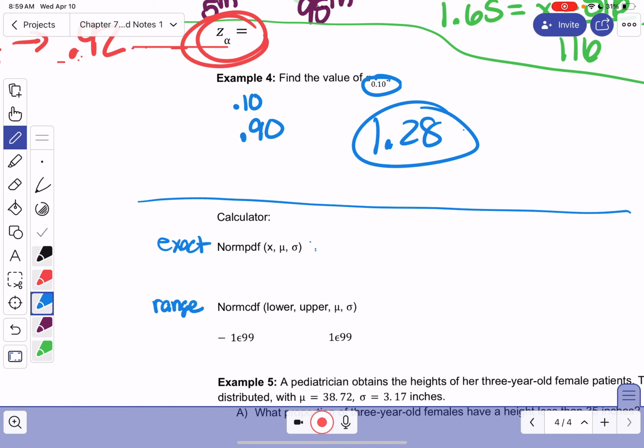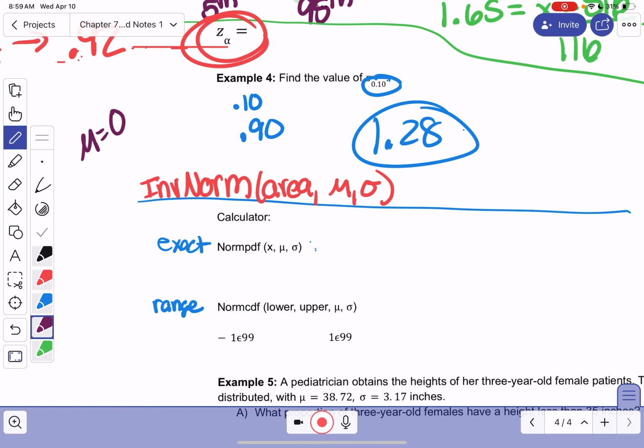And if you're trying to work backwards, if you're given an area, you're going to do inverse norm. I'll show you more on that in a second. Inverse norm asks you the area and then the mean and the standard deviation. Remember, if you don't know your mean and standard deviation, if they don't give you one, you use 0 and 1.